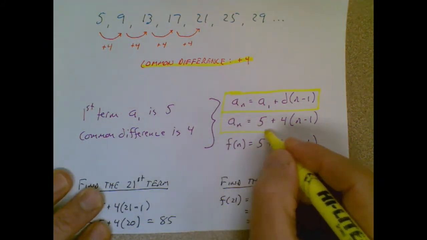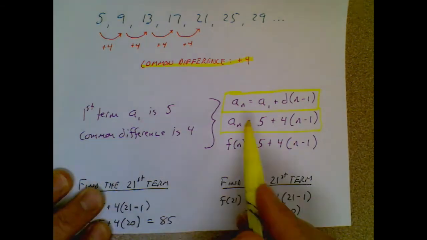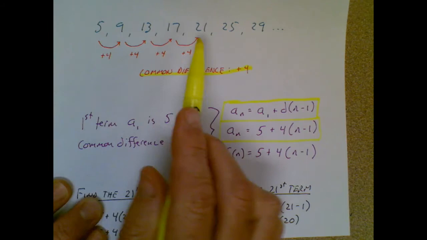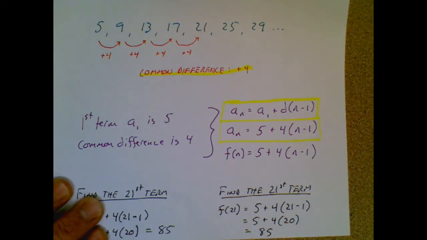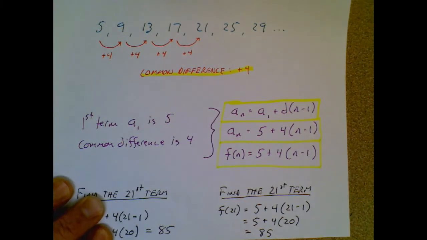So the second piece that I circled, that's your arithmetic sequence formula for this sequence that we're looking at right there. The one that you see below that, we're just putting a little different symbolism on it, since we're used to now working with function notation.